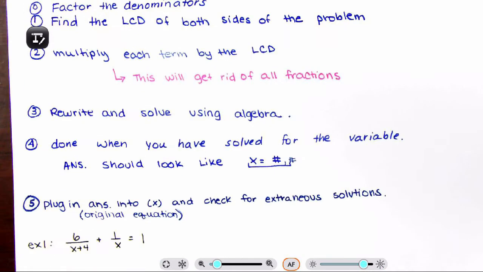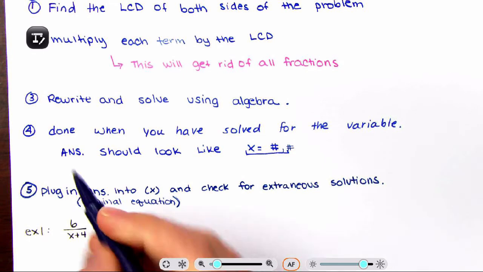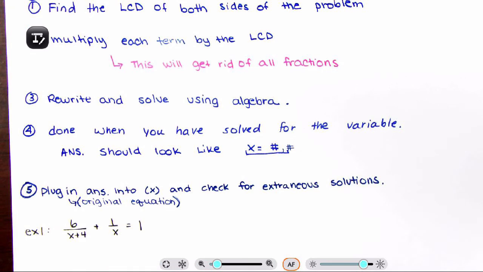You're going to plug in your answers for x into the original equation. You're going to check for extraneous solutions. Extraneous solutions are things that you solved for but don't actually work.